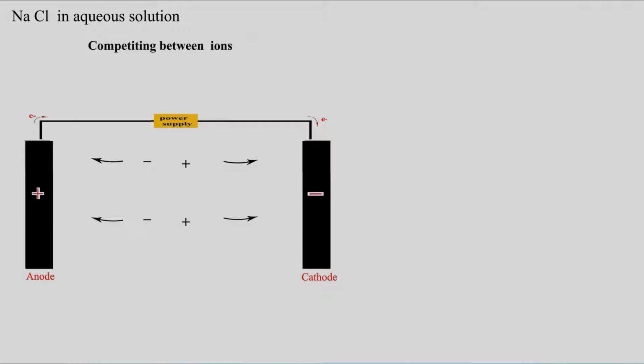When there are two negative ions that both want to go to the positive rod, and both positive ions want to go to the negative rod, that is a competition between ions. This happens in this case, NaCl in aqueous solution.